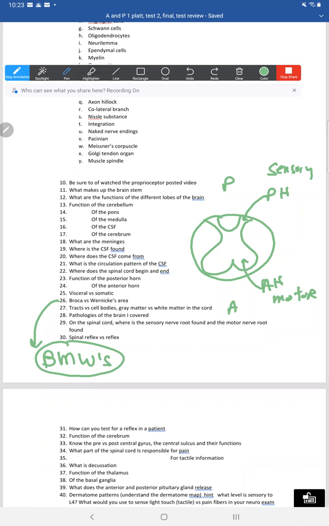That stands for Broca, motor, Wernicke, sensory. Speech. Okay. Broca, motor, so that'd be motor speech. Wernicke is sensory speech. So know the difference.